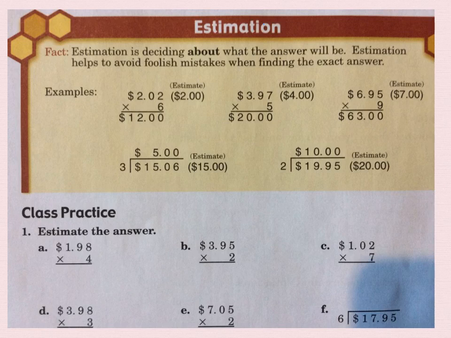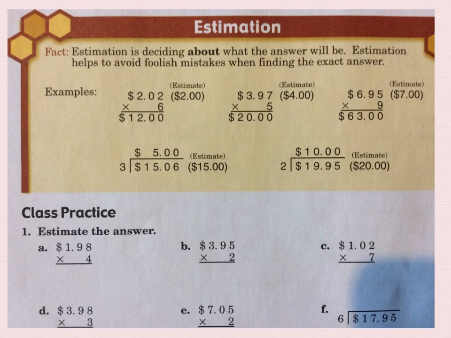And we see the same thing take place here. We have $3.97, and they've rounded that. $3.97 is about $4. And so now they say $4 times 5 would give us $20. That's not the exact answer, but that's an estimated answer. If we look down here, we see some examples with division problems.